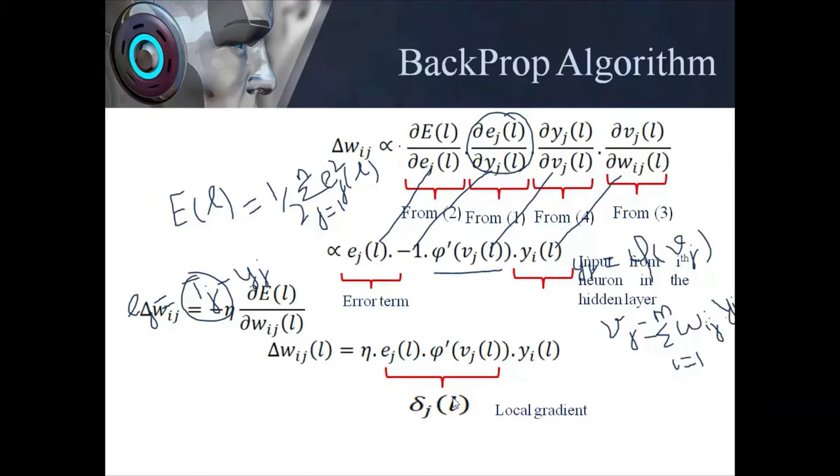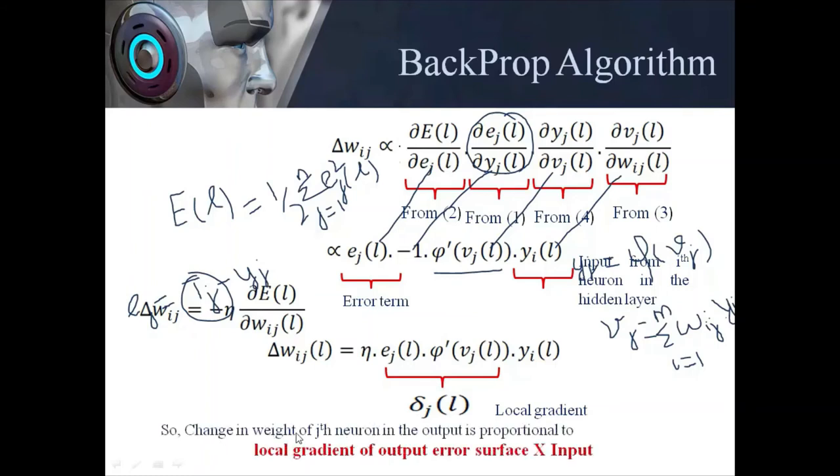So this is my local gradient. With this I can say that the change in the weight of the jth neuron in the output is proportional to the local gradient of the output error surface into the input. So eta is the learning rate, this is my local gradient, and this is my input coming from the hidden layer to the output layer unit.